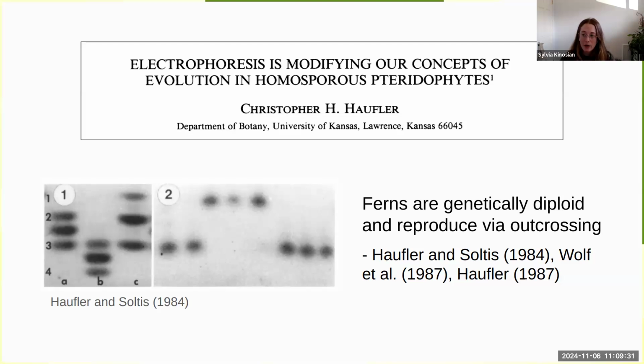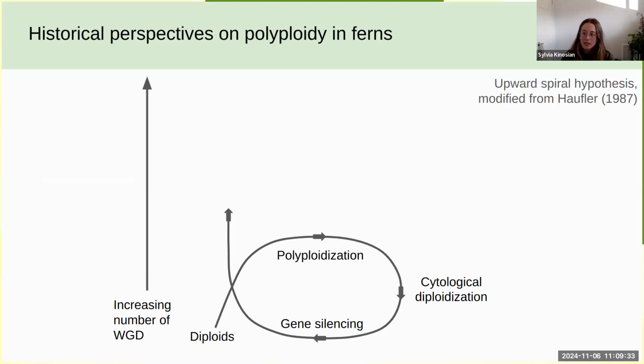And Hoffler, in that paper, proposed a mechanism for the very high chromosome numbers of homosporous plants. And so he suggested that homosporous plants go through rounds of polyploidization, and they go through cytological diploidization, which I'll talk about a little bit more in a second, essentially a return to diploid inheritance.